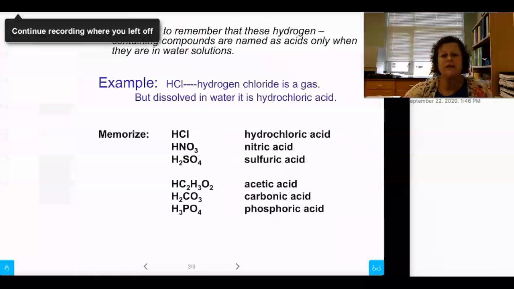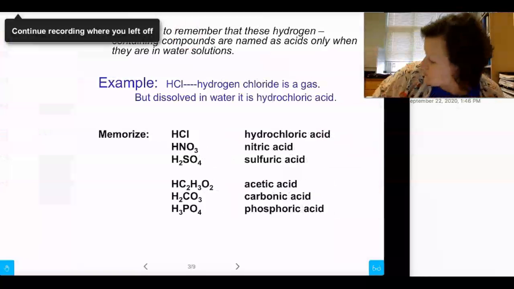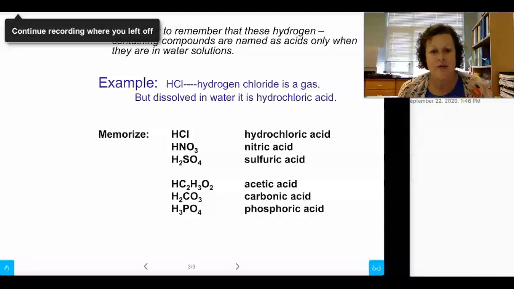It's important to remember that these hydrogen compounds are acids only when they are in water solutions. Hydrogen chloride is a gas until it's dissolved in water.